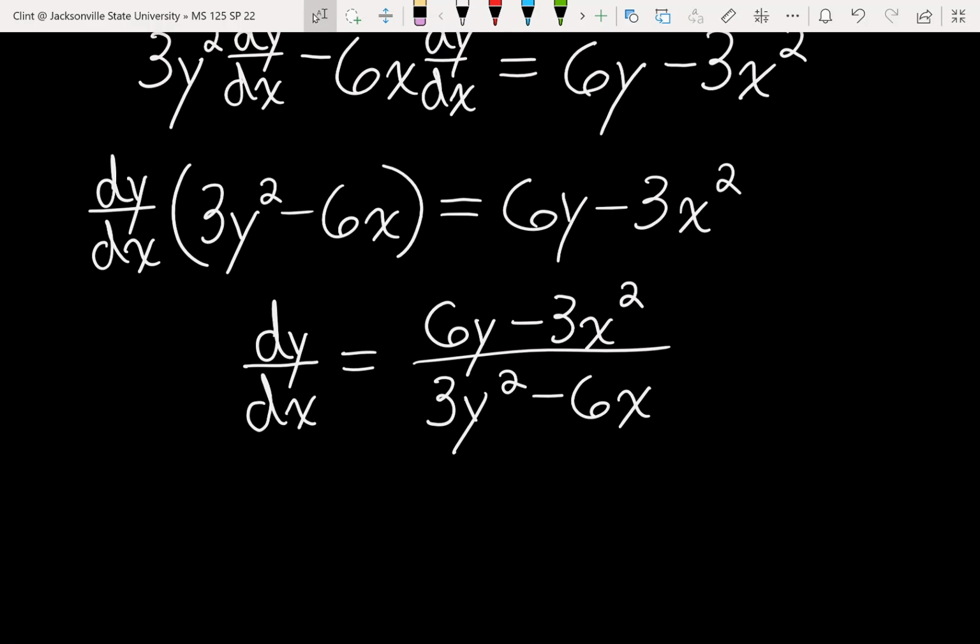There we go. If we want to, we can simplify a little bit. Not strictly necessary, it depends on what we're going to do with this thing. But one thing we can do is we have a common factor of 3. We can factor out the top and the bottom.